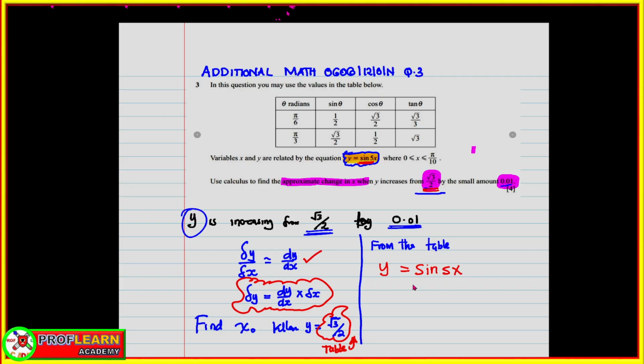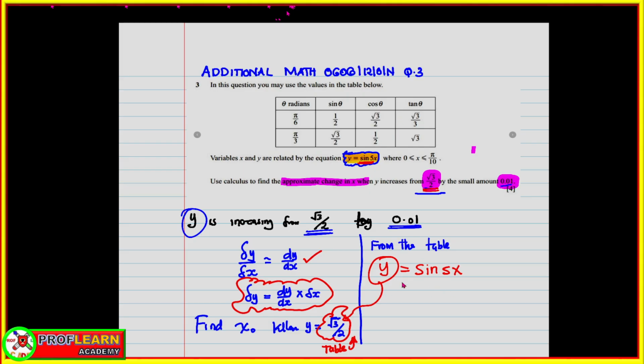So we need a point where y is equal to this value. What is going to be the value of x for that to be root 3 over 2?